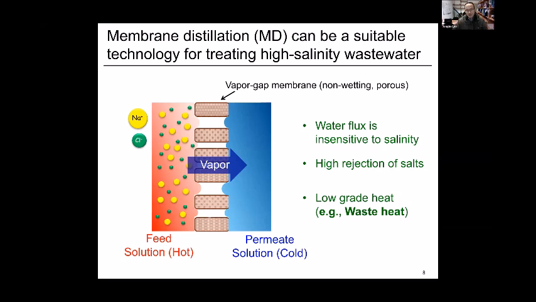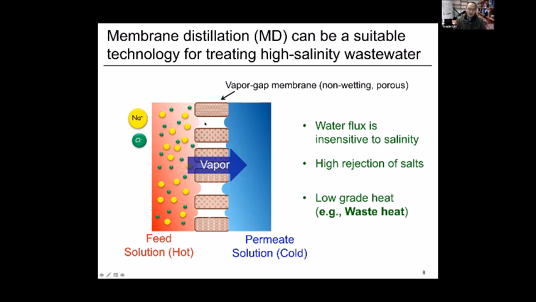So in a technology again called membrane distillation, this vapor gap membrane, the non-wetting porous membrane, is placed between the hot feed saline wastewater and the cold permeate fresh water. And then again, because of the non-wetting property, only gas species, only water vapor, can pass through this membrane.